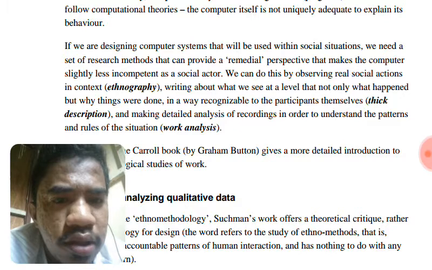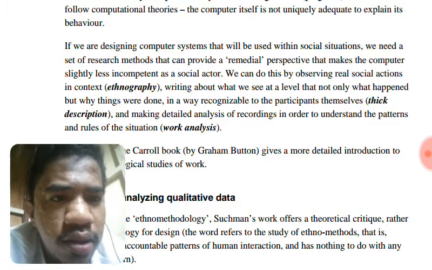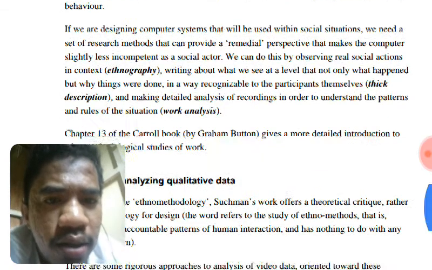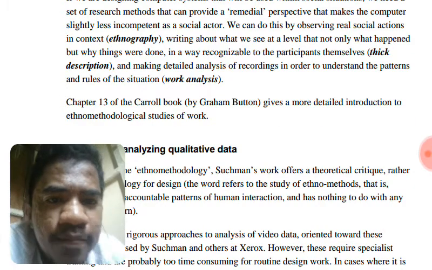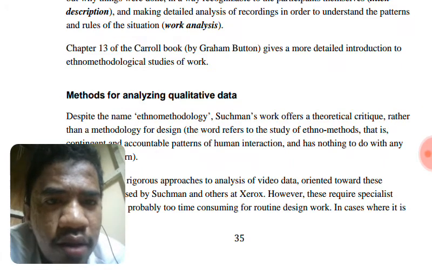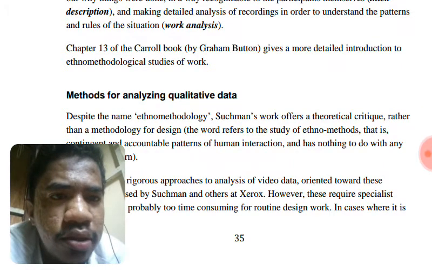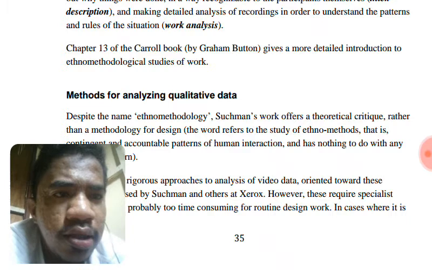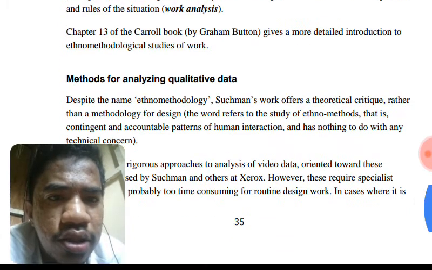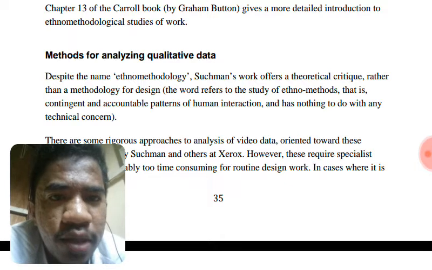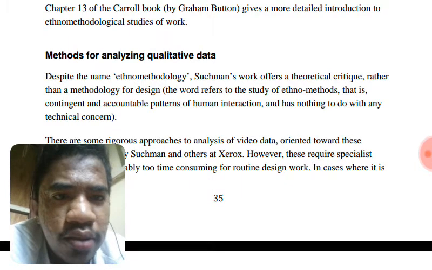Taking descriptions and making detailed analysis of recordings in order to understand the patterns and rules of the situation, work analysis. Chapter 13 of the Carroll book by Graham Button gives a more detailed introduction to the ethnomethodological studies of work, a method for analysis of qualitative data.